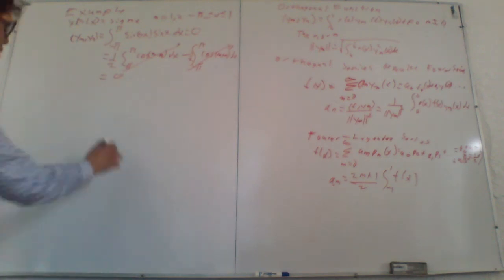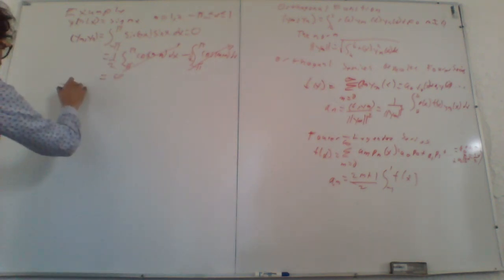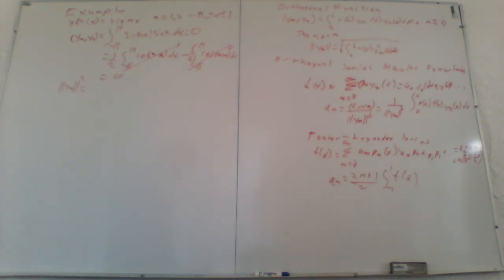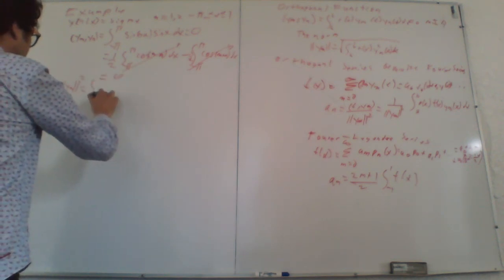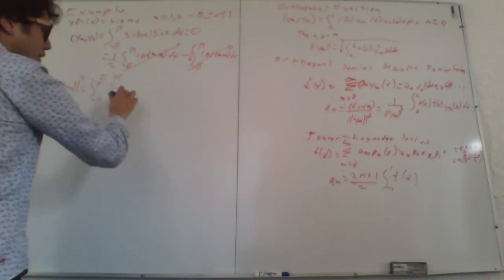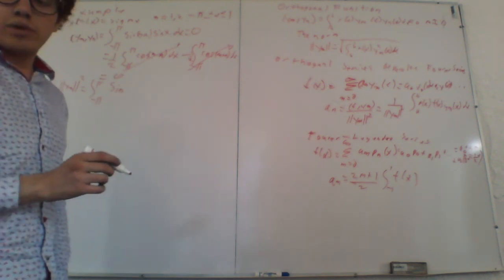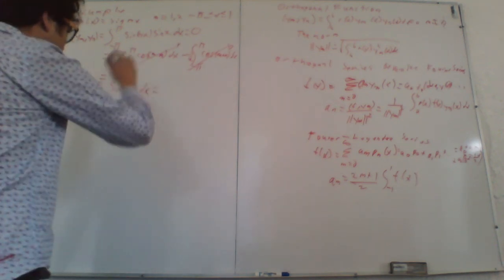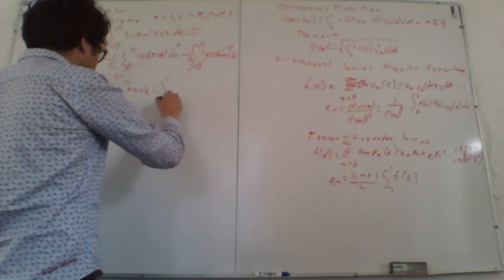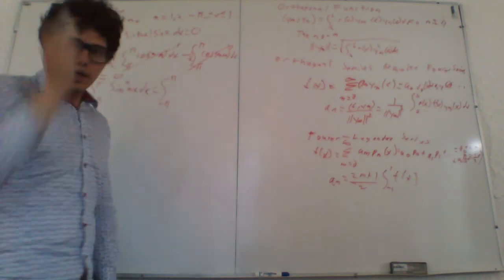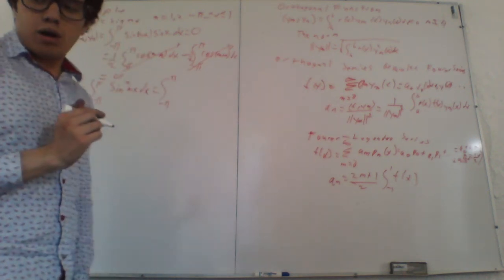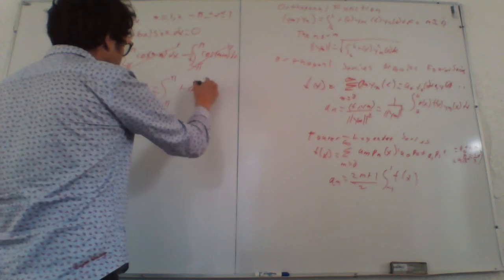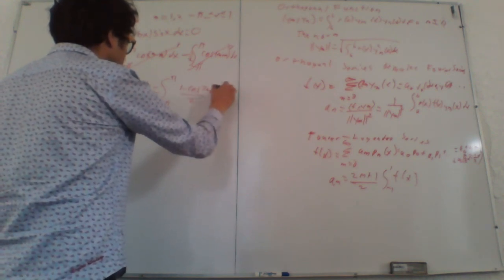So now we are going to compute the norm. So it is the integral from minus pi to pi of sine squared of mx dx. That is equal to, using the double angle identity of sine, the integral of (1 minus cosine of 2mx) over 2 dx.